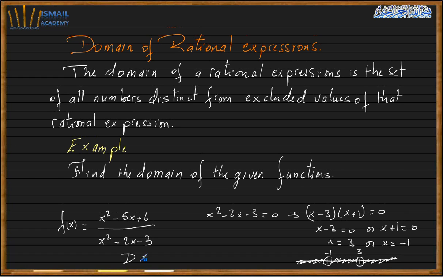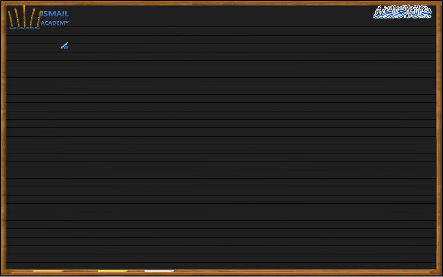Let me give you another example. Suppose I want to find the domain of this function, g of x equals x plus something over x squared plus 7. Again, what I do is make the denominator equal 0. So when I subtract 7 from both sides, I get x squared equals minus 7.